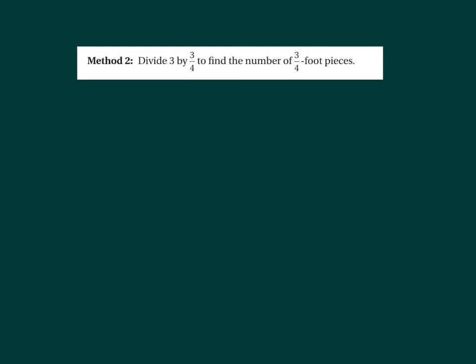So method 2 is going to simply be to divide 3 by 3/4, and that's basically going back to the key idea that we talked about, that if you want to divide the whole number by a fraction, we're going to first turn this first whole number.